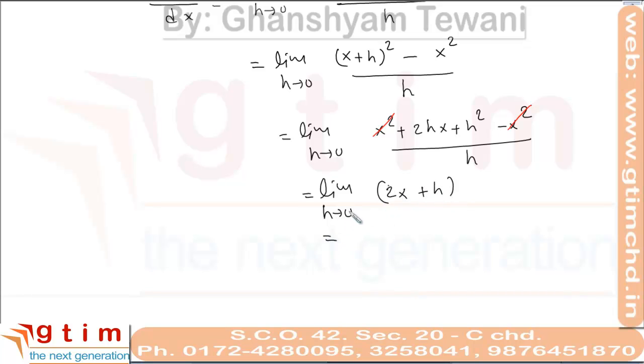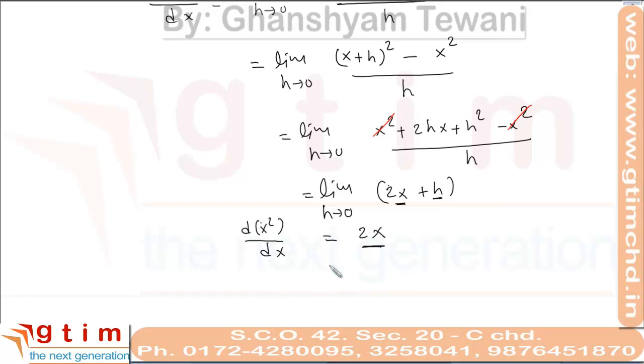Now when h tends to 0, this value is approximately 0 and we are left with only 2x. So we can say the derivative of x square with respect to x is 2x.